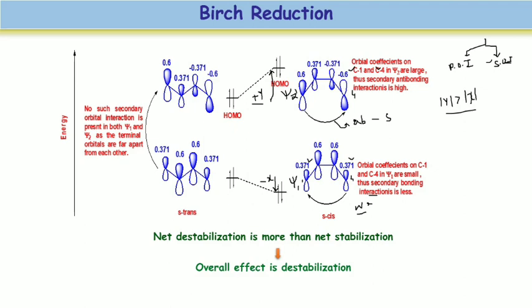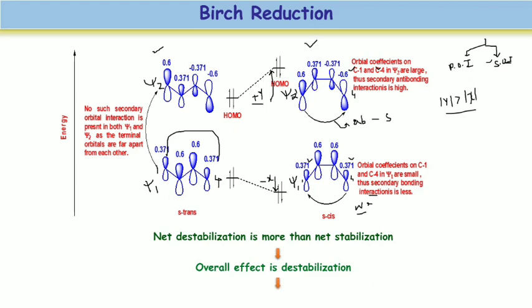Now coming back to the S-trans conformation, if you consider psi 1 or psi 2, the orbitals at carbon 1 and carbon 4 are far apart from each other. So there is no such secondary bonding interaction present. So now the overall energy of S-trans conformation is lower compared to the overall energy of S-cis conformation.